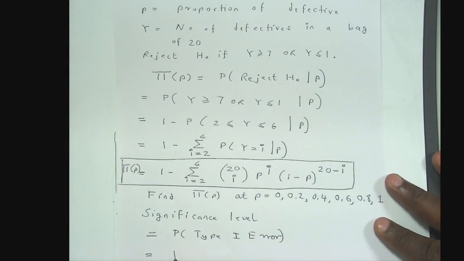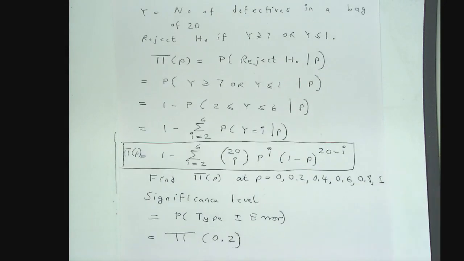So this is simply pi at this. The probability of type 1 error is the value of the power function when P is equal to 0.2, because the null hypothesis says P is equal to 0.2. So the significance level is the same as this. And to work this out, all you have to do is put 0.2 in place of P and work it out, right?